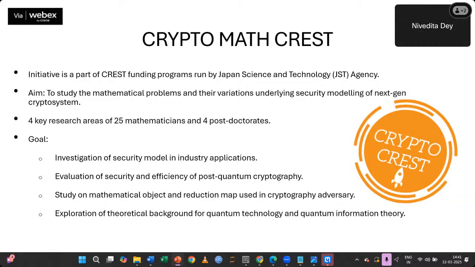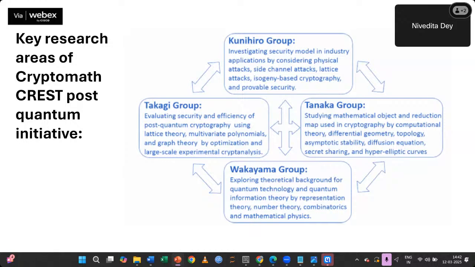So four key research areas of 25 mathematicians and postdoctorates are: investigation of security model in industry applications, evaluation of security and efficiency in post-quantum cryptography, study on mathematical objects and reduction maps used in cryptography adversary, and exploration of theoretical knowledge for quantum technology and quantum information theory. So likewise, there are other such initiatives. Okay. So these are the key research areas.